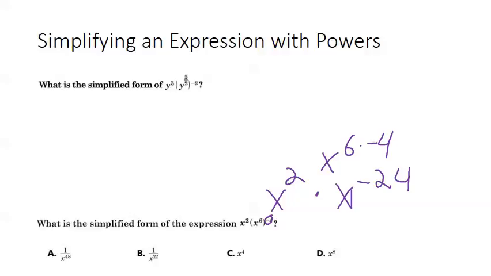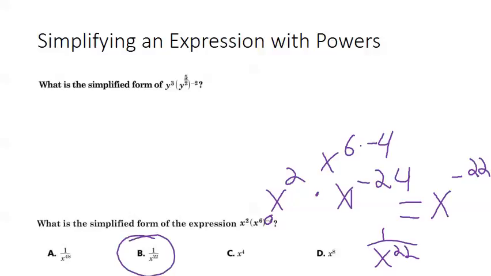But no, we're done with the multiplication with the power of the power. Now we're going to do the adding of the exponents. So what's 2 plus negative 24? X to the power of negative 22. And going further, we're going to put that over x to make sure we don't have any negative exponents. We're going to flip that to get 1 over x to the power of 22, which is B. B.